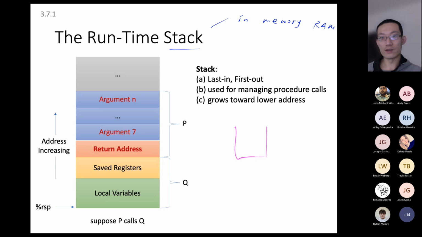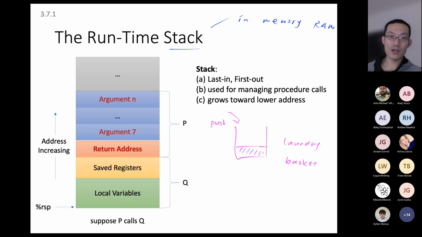Let's see, this is the laundry basket. At the beginning, we put these pink colored clothes into the laundry basket. This process is called push.